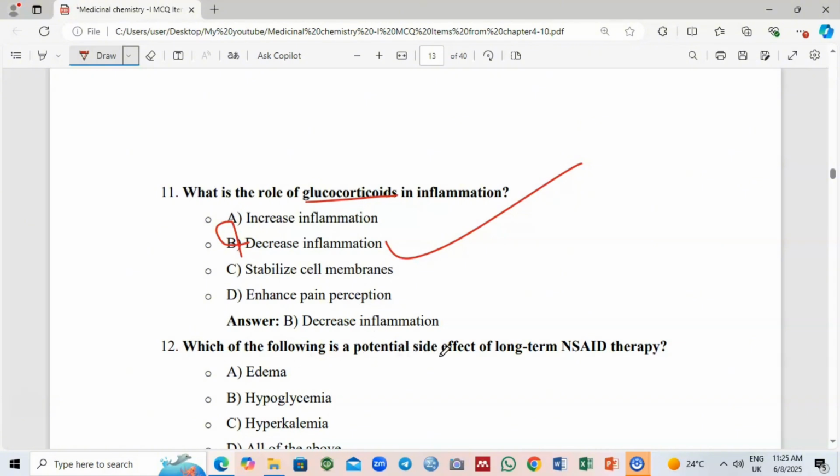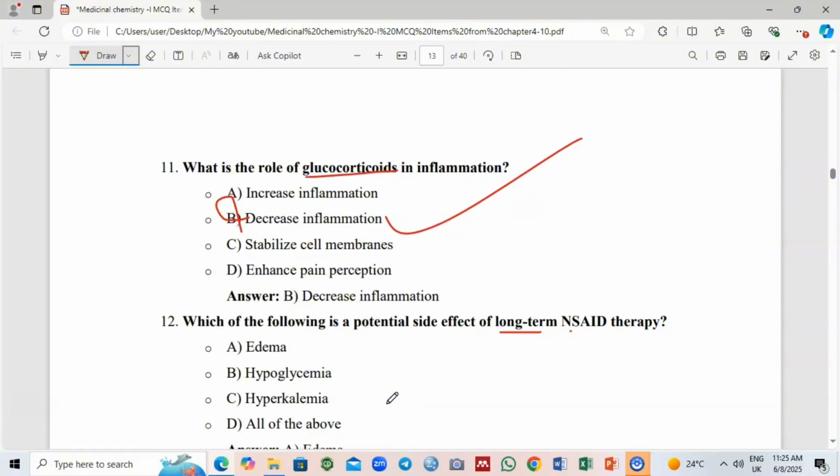Which of the following is a potential side effect of long-term NSAID therapy? A. Edema. B. Hypoglycemia. C. Hyperkalemia. D. All of the above. Among the given alternatives, the one highly associated with long-term treatment is edema. Edema is a medical term for swelling caused by excess fluid accumulation in our body tissue.